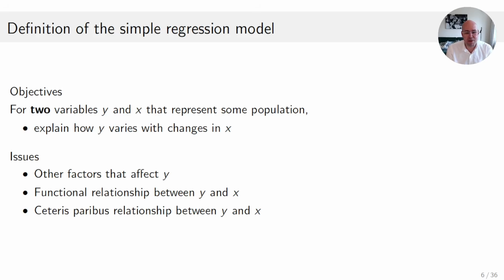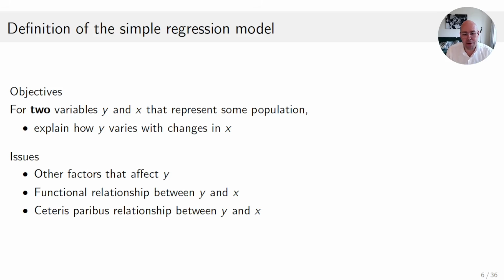Is it going to be a linear relationship between y and x, or is there going to be a non-linearity? Think of a production function. A production function has decreasing returns. So the first unit of an input will change output by more than a later unit of an input. So how do we deal with that?